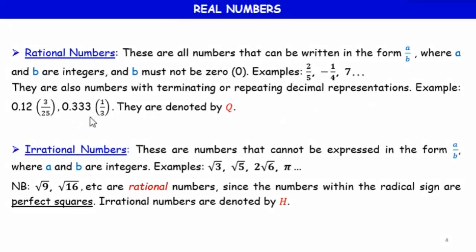Such a number is also referred to as a rational number because it has a repeating decimal representation. That is the general concept of rational numbers. Generally, rational numbers are denoted by the capital letter Q.